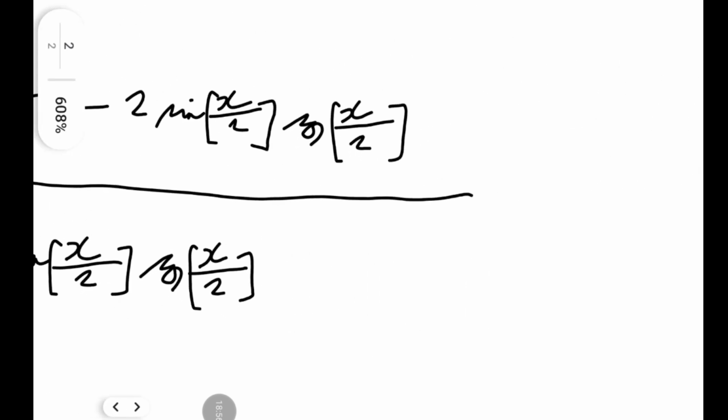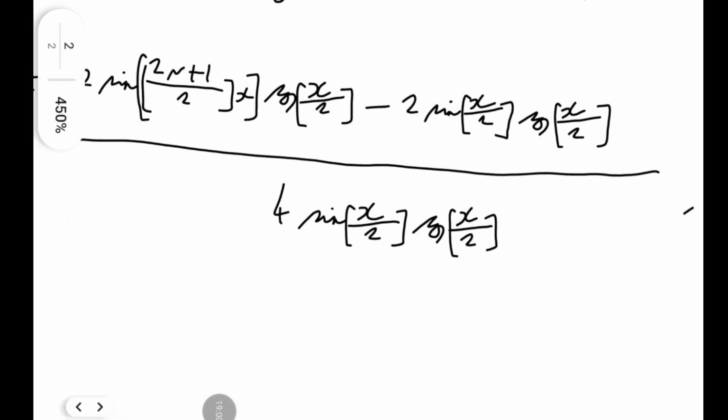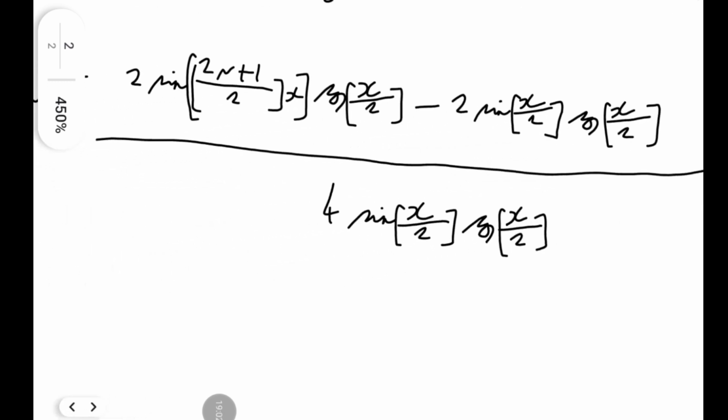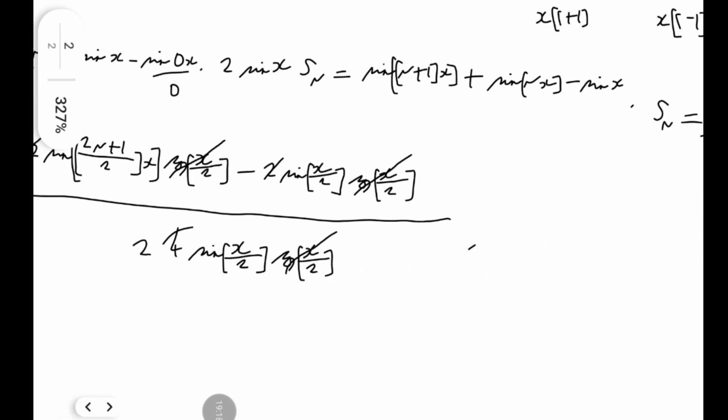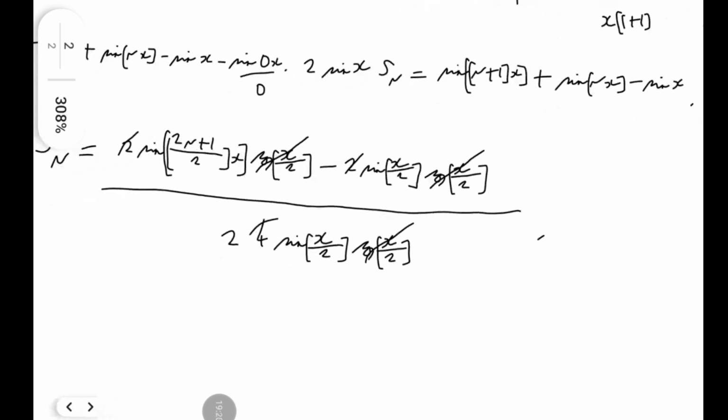And we get into that format there. And now what we can finally do is cancel things out. So we can cancel the x over 2, see? That's going to cancel out, and that's going to cancel out. And we also know that the 2 is going to cancel out, like that. That's going to become 2. That's a really bad drawing, I apologise. And we have it in this final formula now.